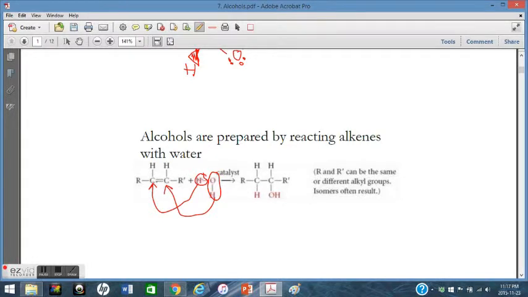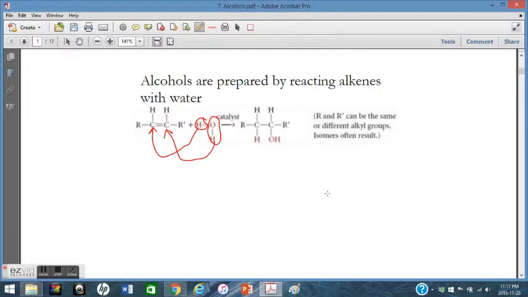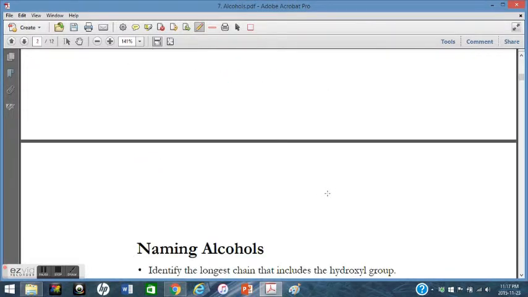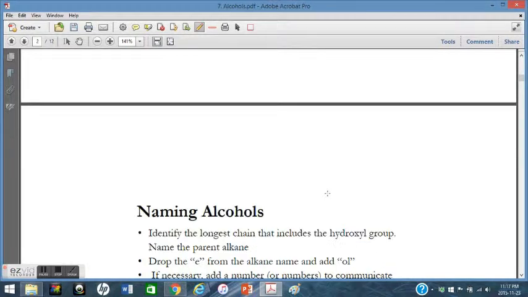We use one of the electrons from that double bond to bond to our hydrogen. This bond between the hydrogen and the oxygen breaks. The other electron from the double bond then is used to bond to the oxygen. We've made an alcohol there using an addition reaction.